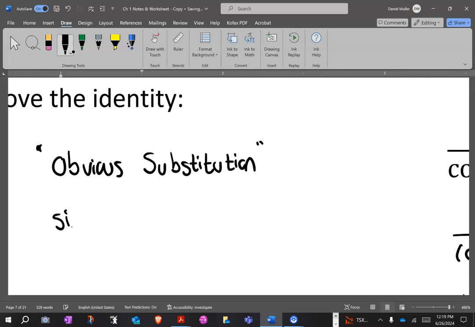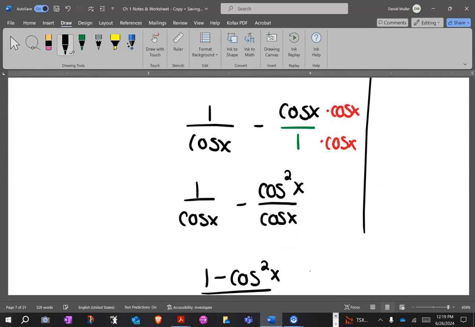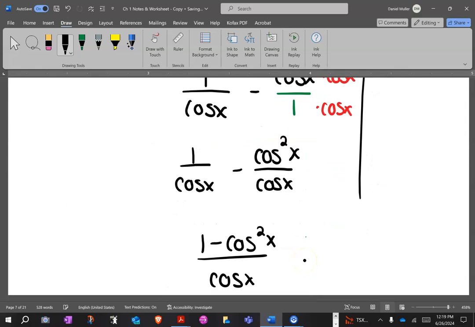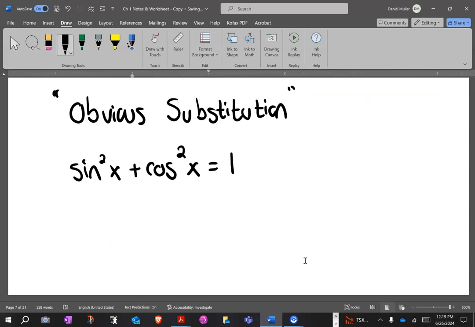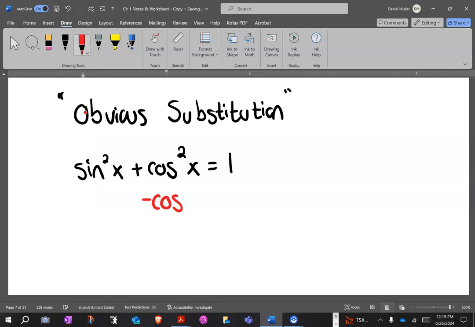So sine squared x plus cos squared x equals 1. And I have the 1 and the cos, 1 minus cos. I got those both on the same side. They're both up top there. So I'm going to need to get these both on top. So let's move the cos squared over.